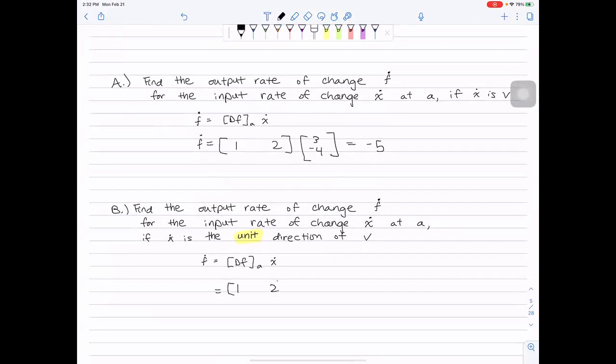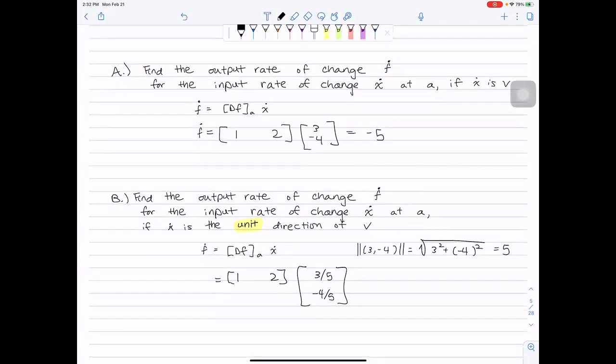What is the length of (3, -4)? It's the square root of 3 squared plus -4 squared, which is 5. So for each of the terms we divide by 5: 3/5 and -4/5. We multiply that and we get -1.